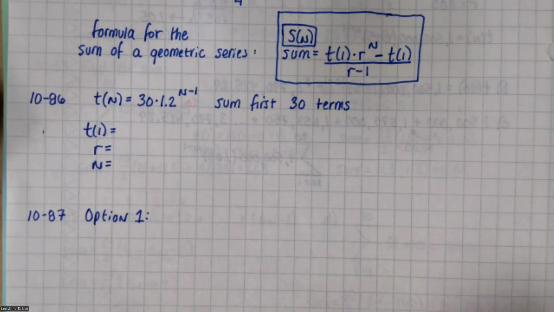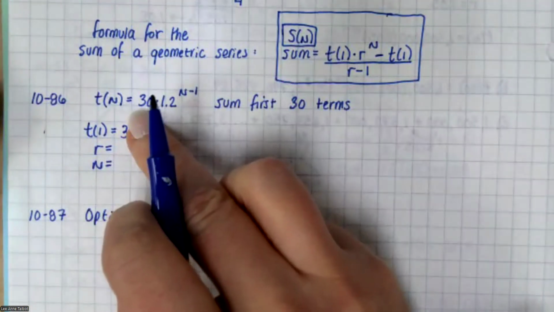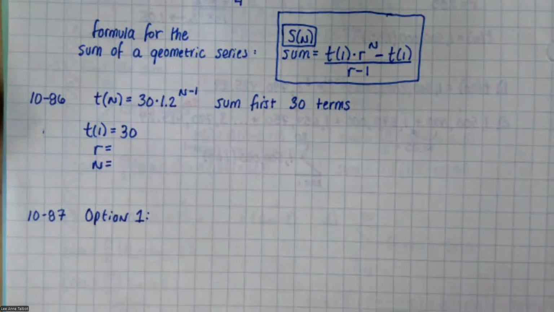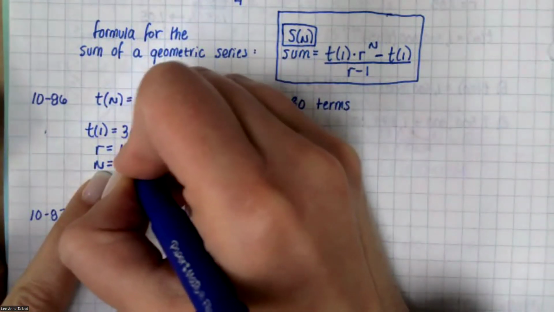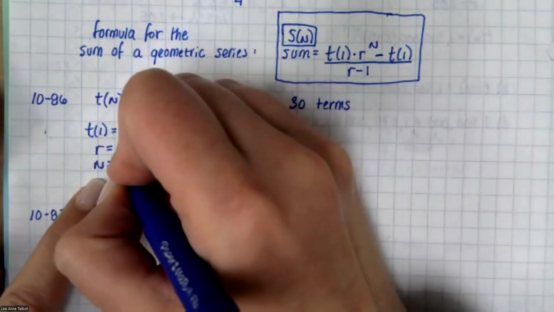What's the other number in the problem? 30. Okay, now how can you tell that 30 is term 1 and not term 0? Yes, nice. It's got the n minus 1 on the exponent. Okay, the multiplier in this case is 1.2, and it says the first 30 terms.